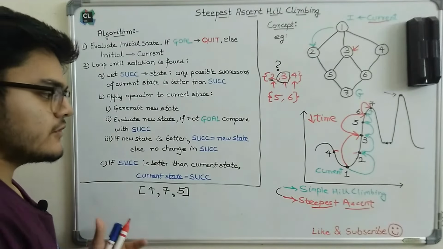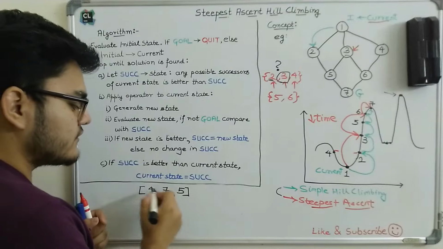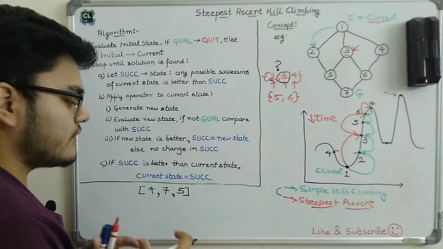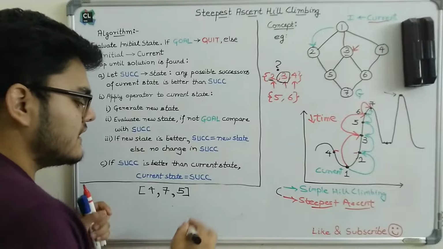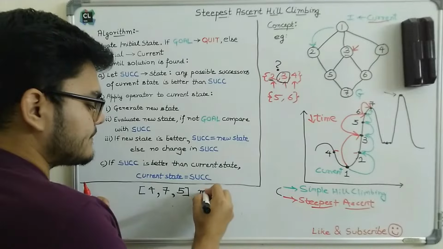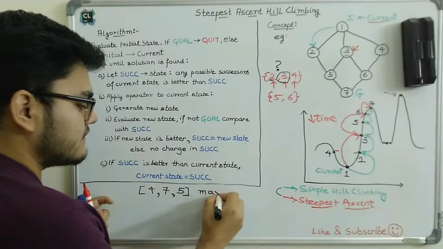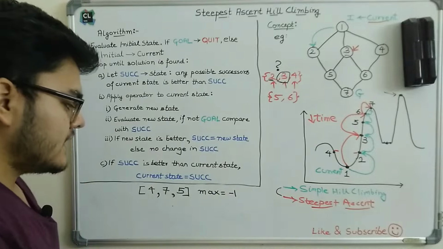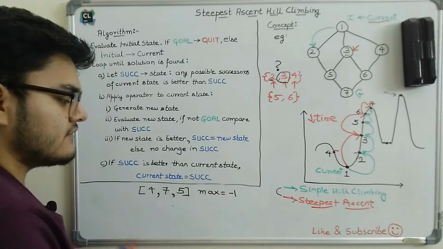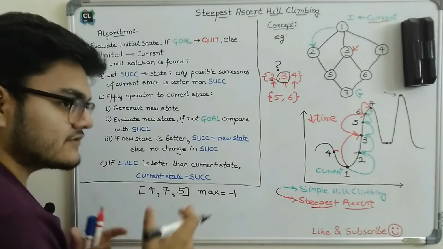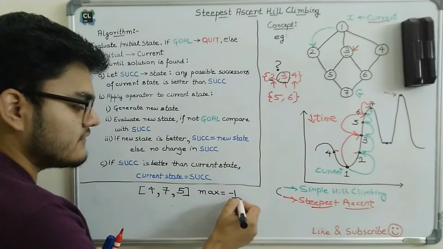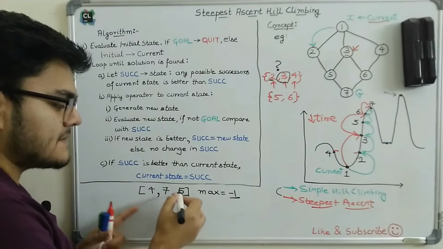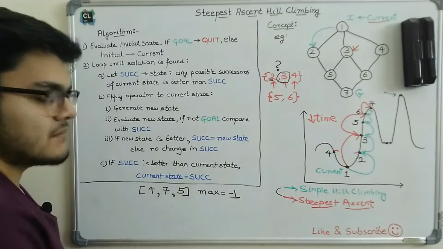Now what I want to do is find out which of these values is the highest. We want to find out the maximum value. First of all, we are going to pick up a maximum and assign it as -1. We are going to pick a value such that all the values inside this array must be better than this maximum value.